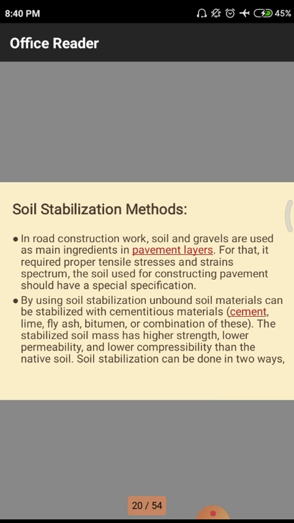After that, by using soil stabilization, unbound soil materials can be stabilized with cementitious materials. Unbound means there is no bonding between the different particles in the soil, so we have to give some external bonding by stabilization agents like cementitious materials, fly ash, bitumen, or a combination of one with another.